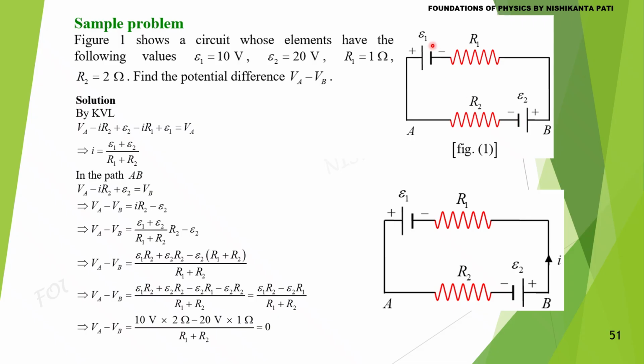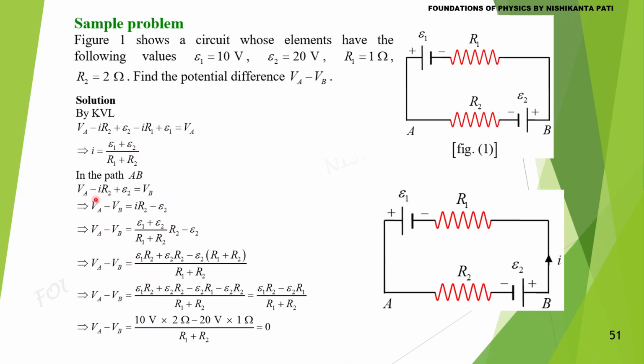Or you may think the cells have no internal resistance, and R1 R2 are external resistances. Let us think this cell to be the master cell. From the positive terminal, let I current flow. Applying Kirchhoff's first law, the I will flow this way. By KVL, VA minus IR2 plus E2, minus IR1 plus E1 equal to VA. Then we solved this much.